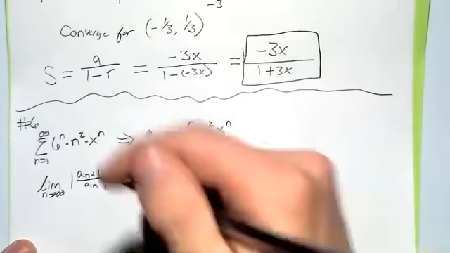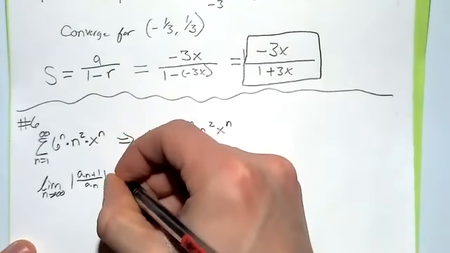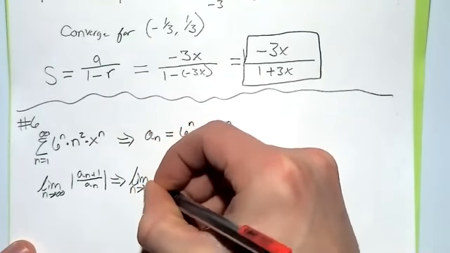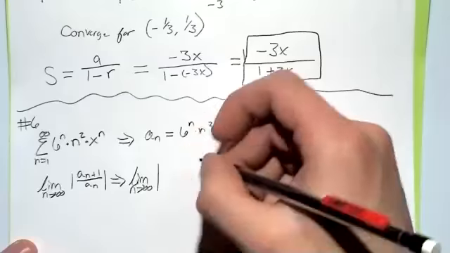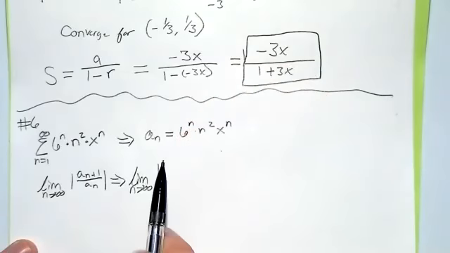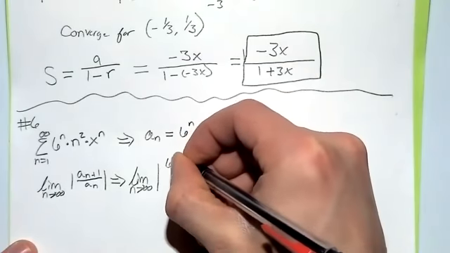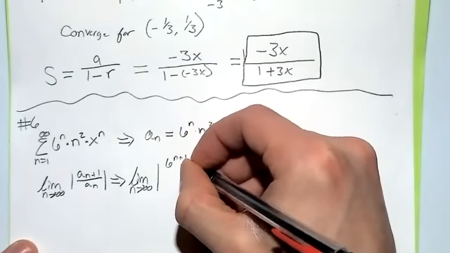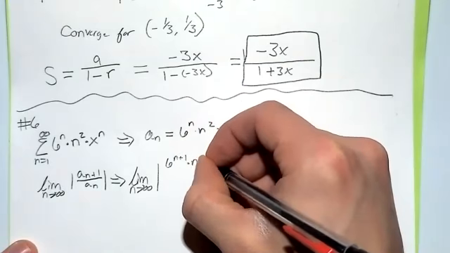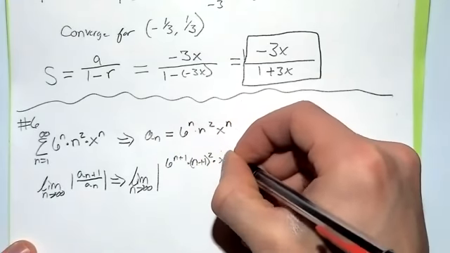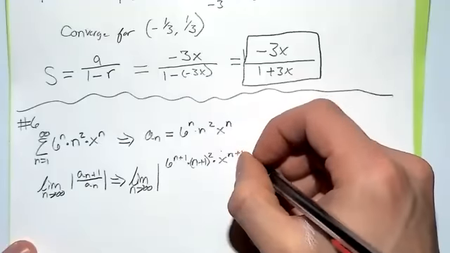So what we have then is the limit as n approaches infinity of the absolute value of a sub n plus 1. So everywhere we have an n, we're going to add plus 1. So we'll have 6 to the n plus 1 times n plus 1 quantity squared times x to the n plus 1.